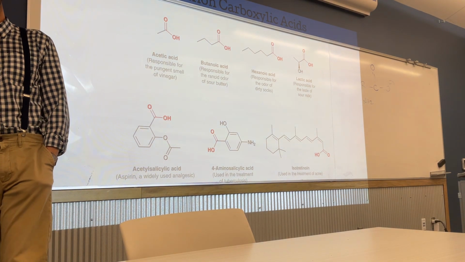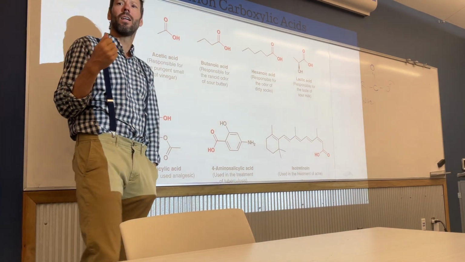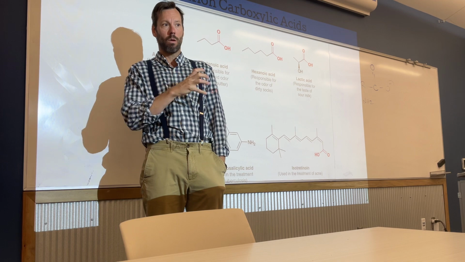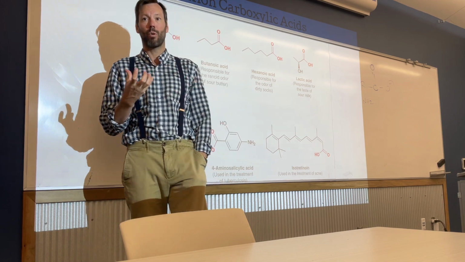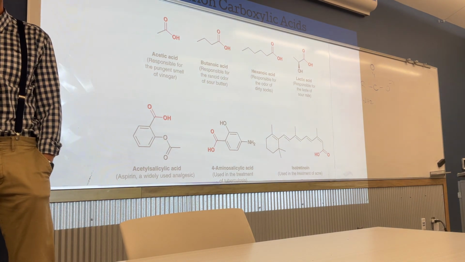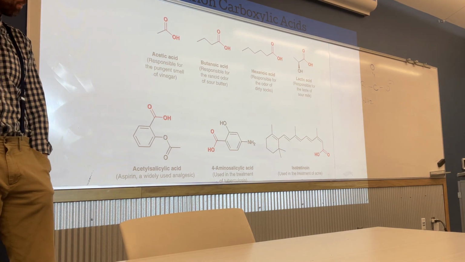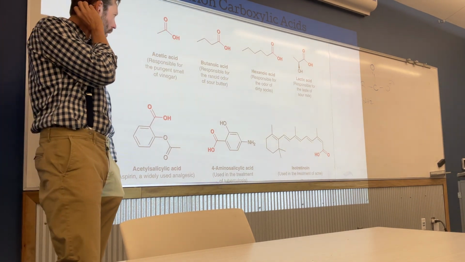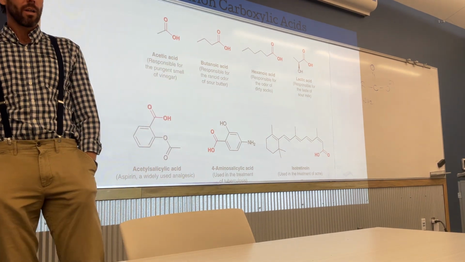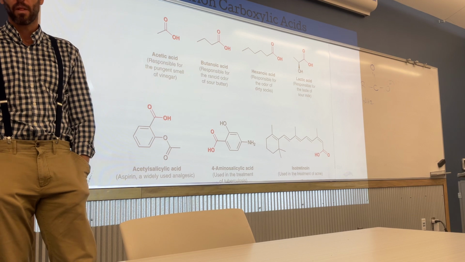Other ones will break it down into lactic acid. And so that's where things like sourdough come into place. The sour aspect of that bread is due to the bacteria, okay, that is in that culture.